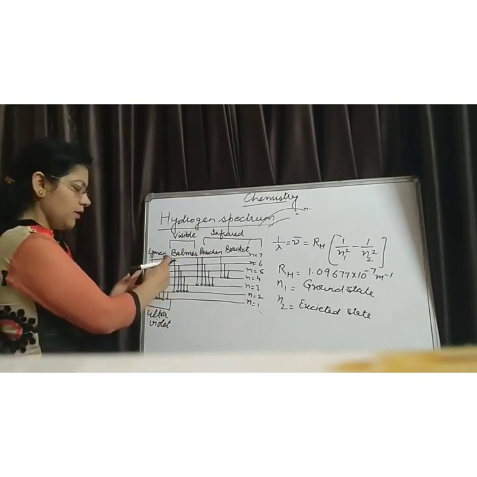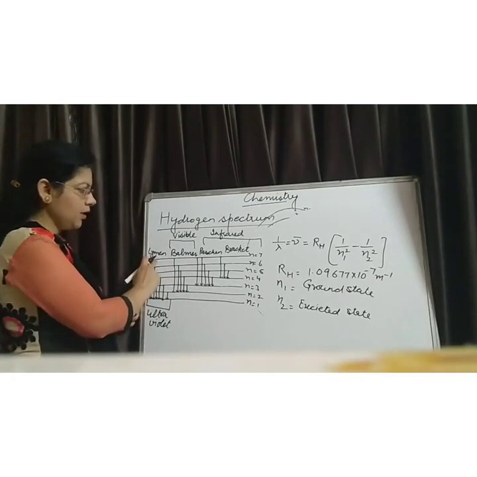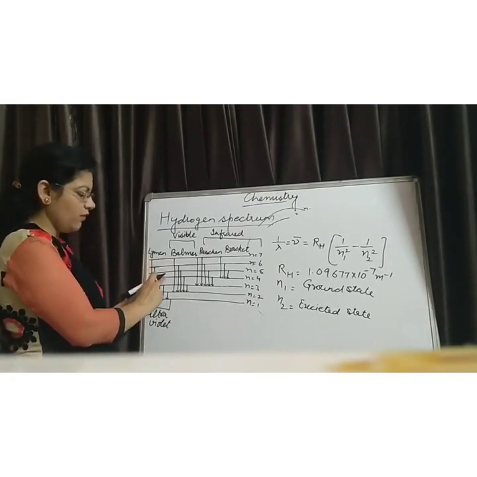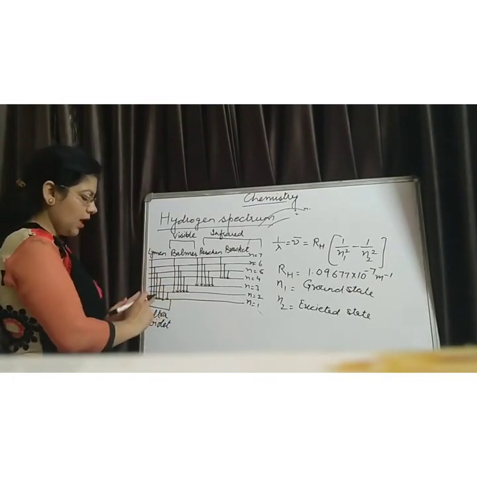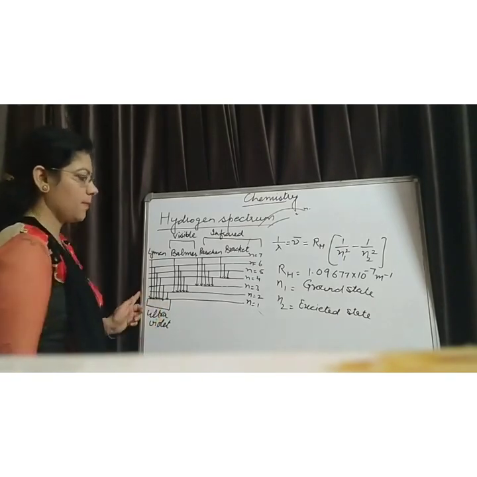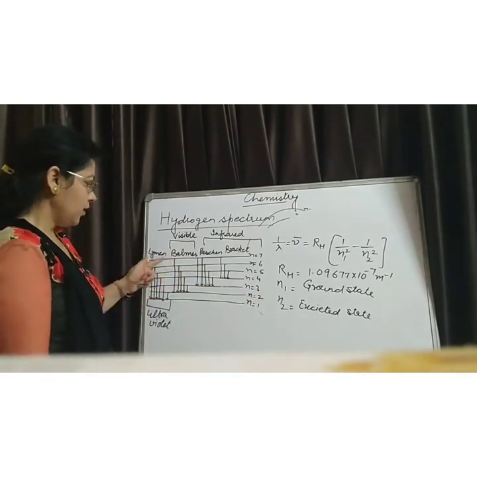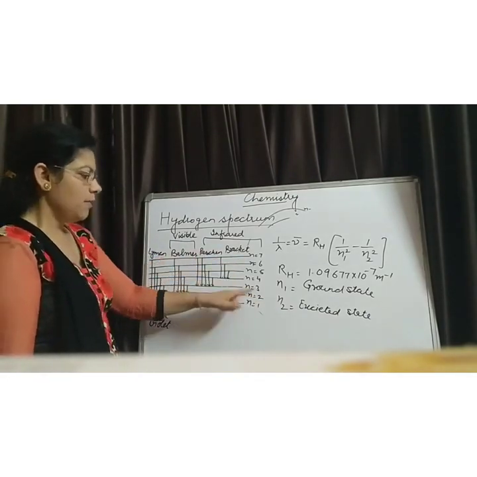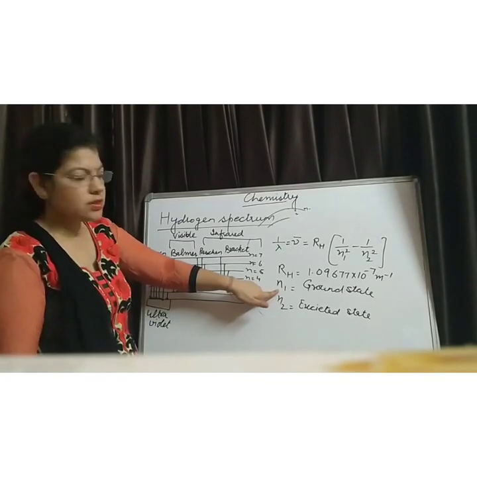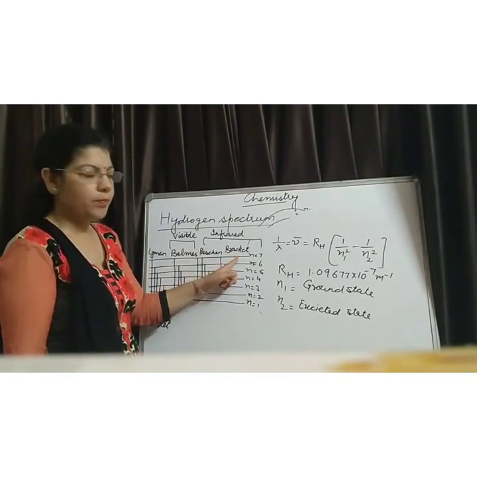For example, in the Lyman series, N2 may be 7, 6, 5, 4, 3, 2, and N1 is 1. The excited state N2 may vary in different series, but the ground state is fixed in Lyman, Balmer, Paschen or Brackett.